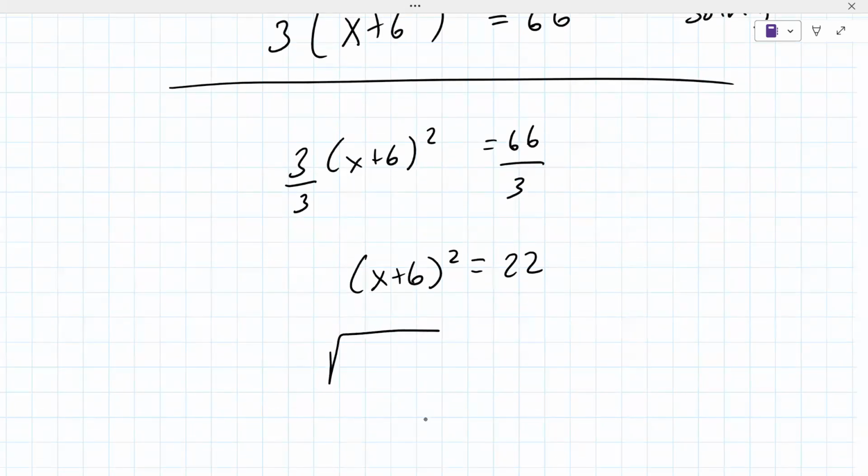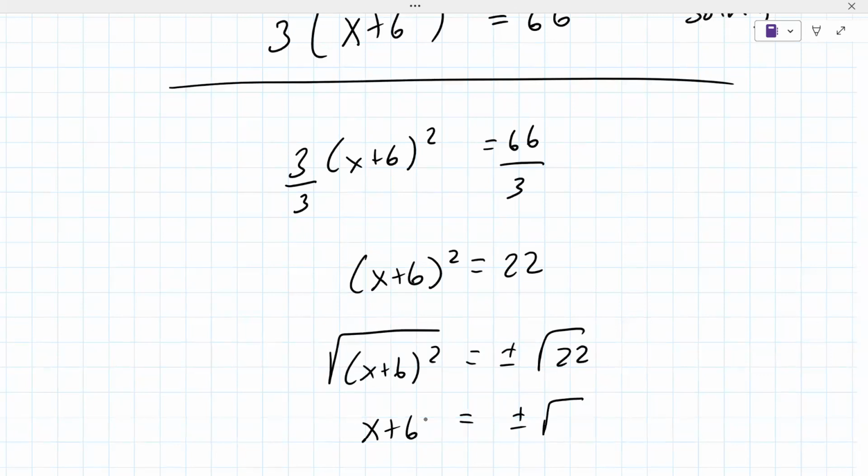Then you take the square root of both sides, plus or minus. The square root of 22 does not reduce, so it just stays as is.